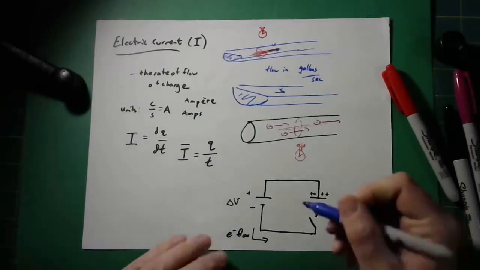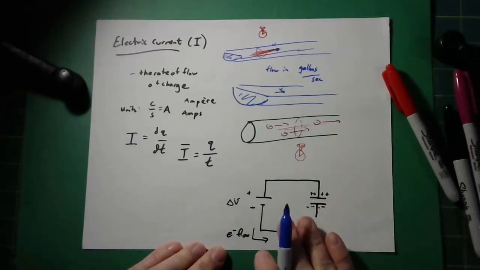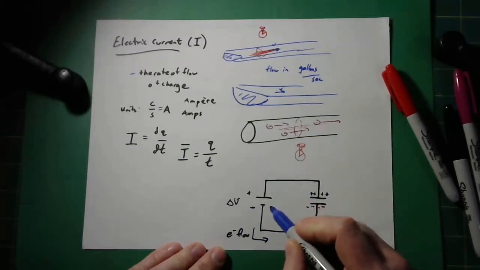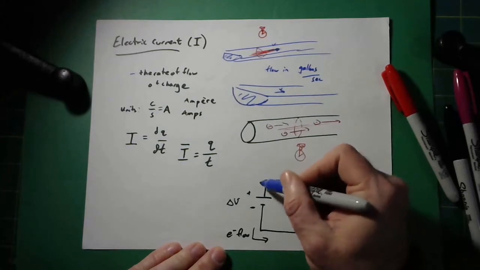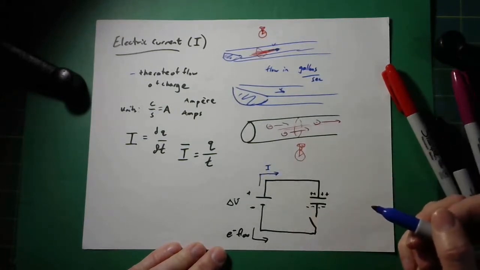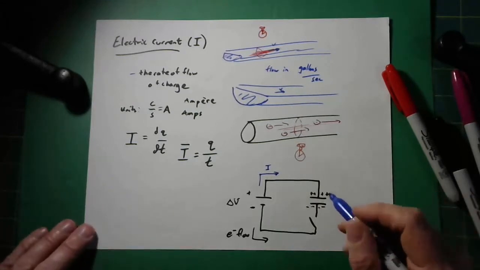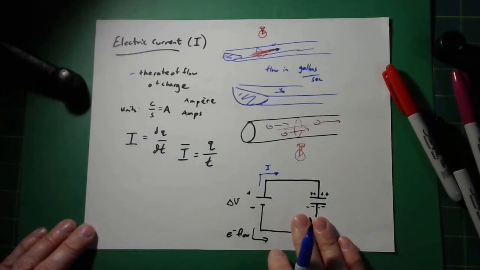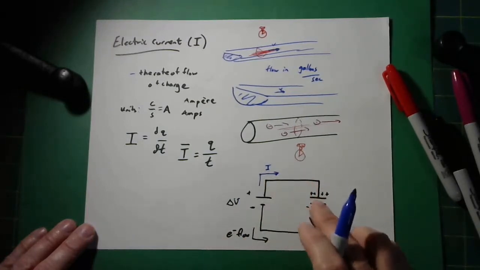And that is why, even though in this example circuit the electrons are flowing counterclockwise, we always define the current to be the direction that a positive charge would flow. So we would say the current is going clockwise in this circuit, even though it's really electrons flowing counterclockwise.